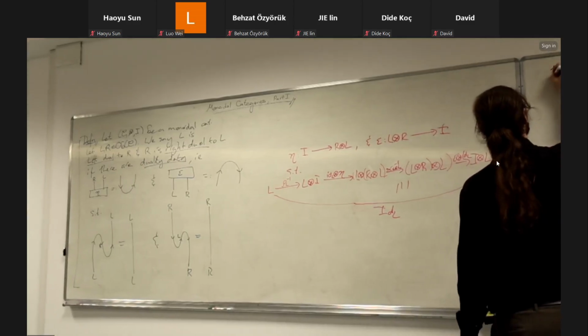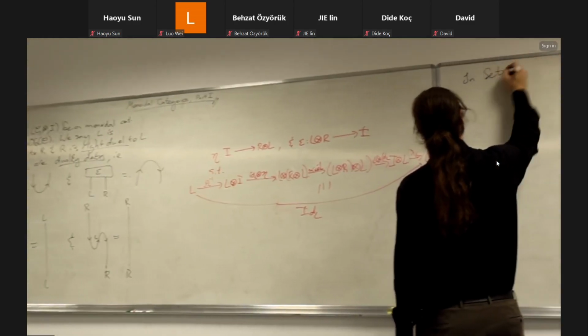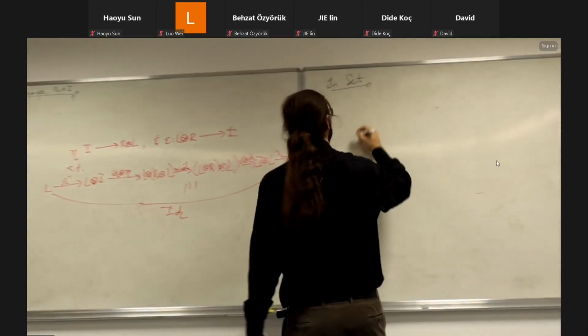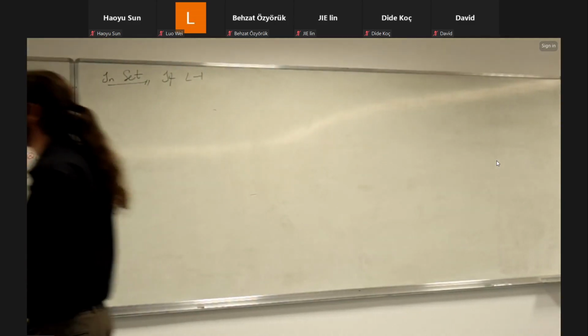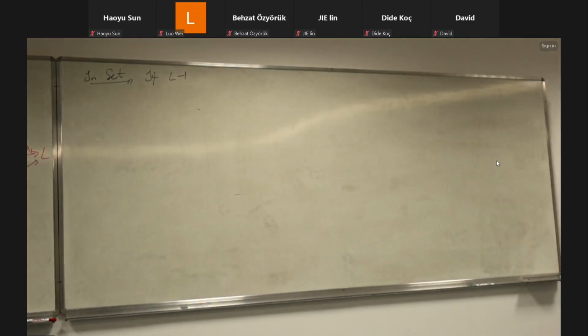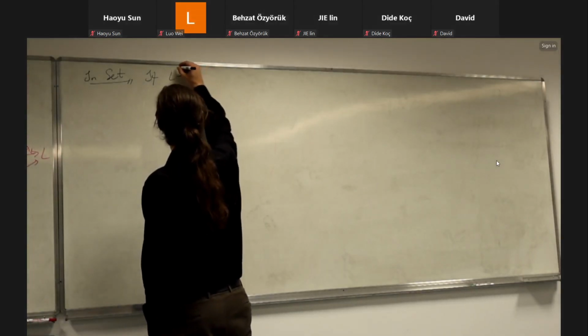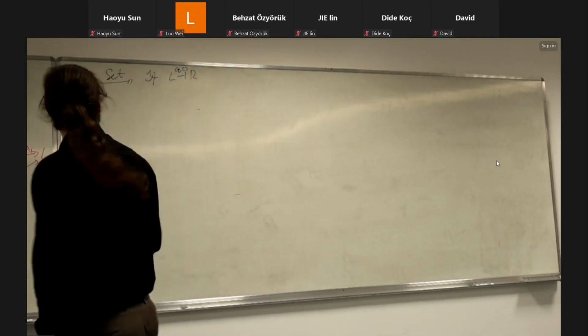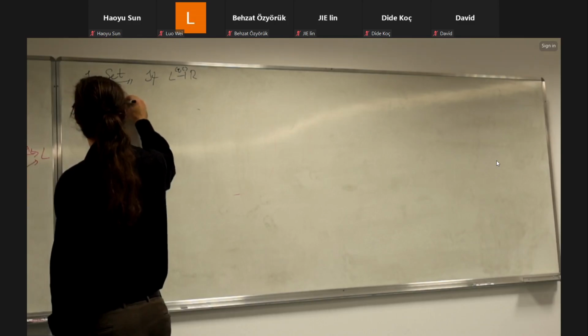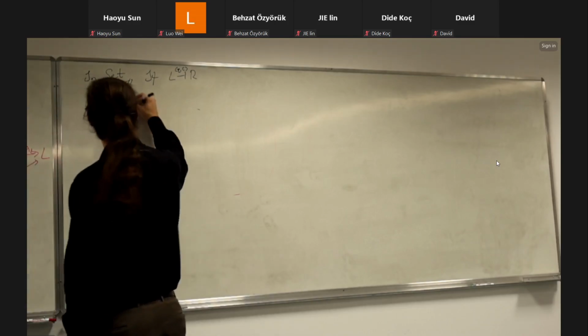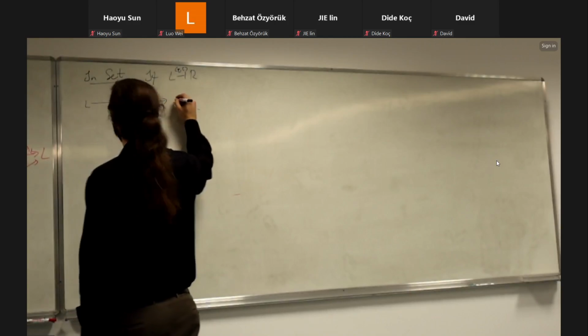So in Set, if L is left dual to R via eta and epsilon, well, then we have precisely this diagram where now I'm going to suppress the associator but leave everything else the same.